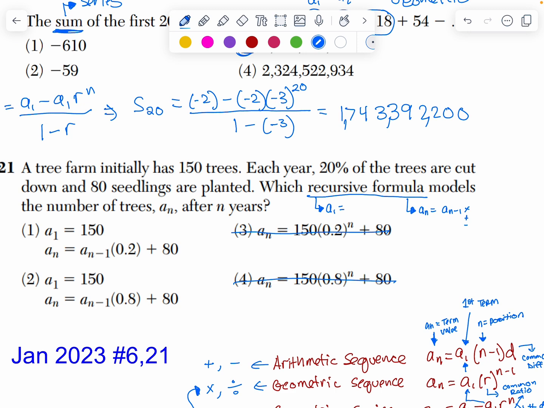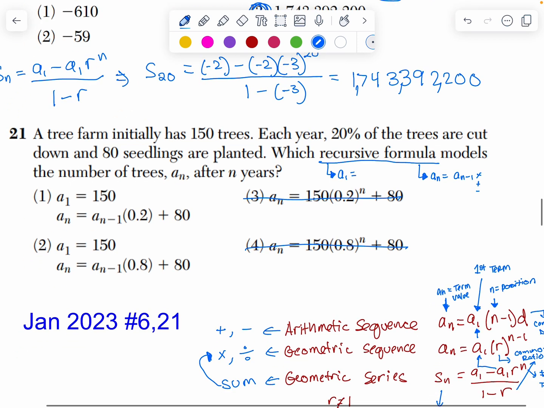If you do not define your first value, you are not a recursive formula. So 1 and 2 are going to be the only choices for this. Now, they're pretty similar except the fact that we are going to be multiplying the previous term, a sub n minus 1, by either 0.2, which is 20%, or by 0.8, which is 80%.